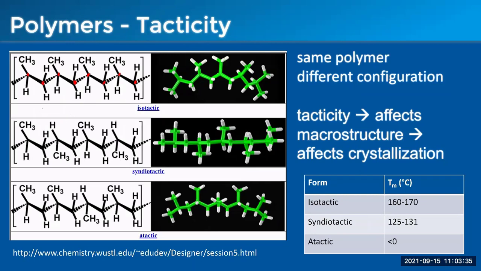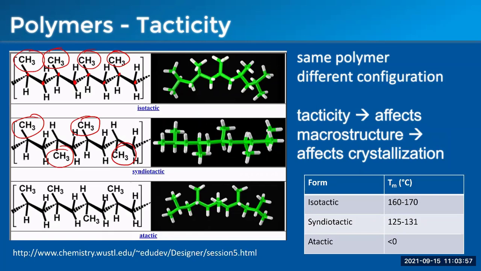And so, depending on the reaction conditions for making polypropylene, we can end up having all of these methyl groups on the same side of our polymer chain. They can be in some kind of pattern where they're alternating on different sides of the chain, as you can see here.